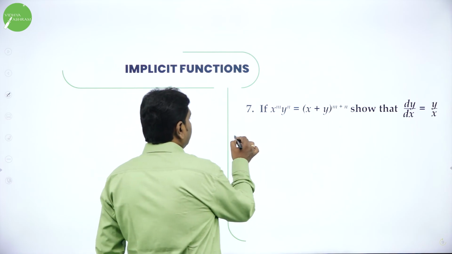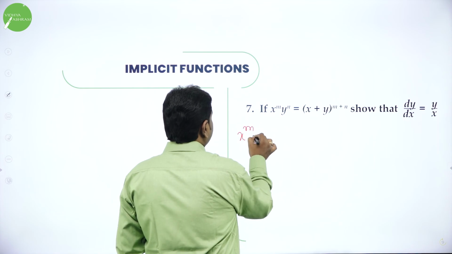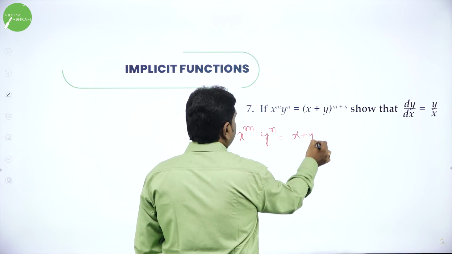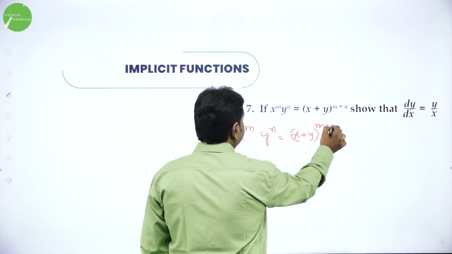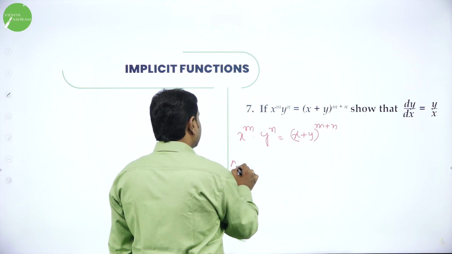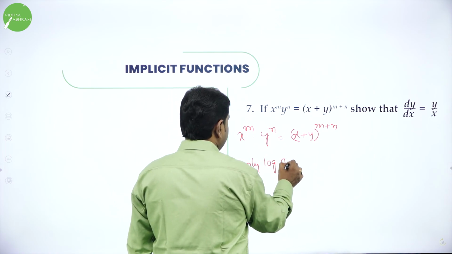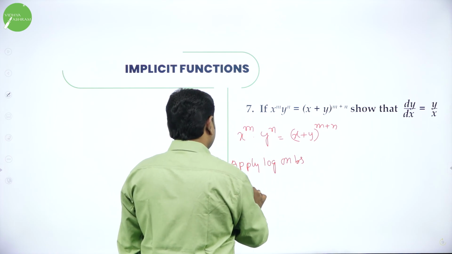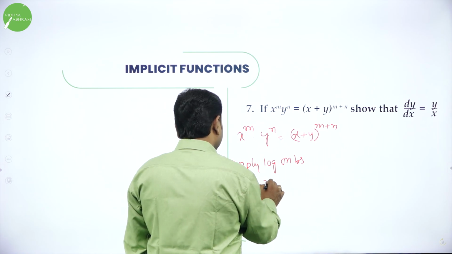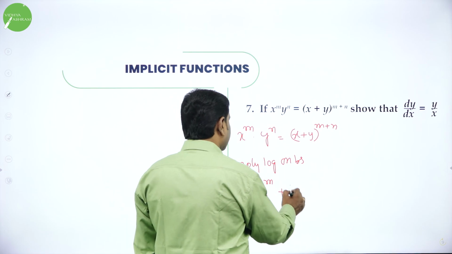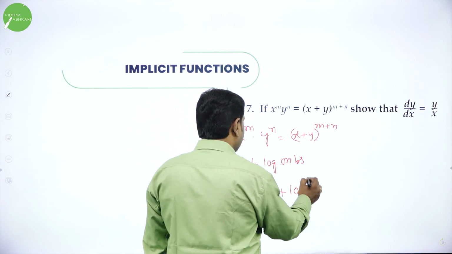So now what we'll do is apply log on both sides. x power m into y power n is equal to (x plus y) power m plus n, as given. Apply log on both sides. Log of a into b is log a plus log b, so it will become log x power m plus log y power n.